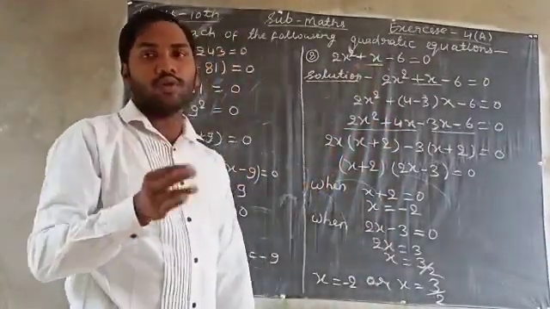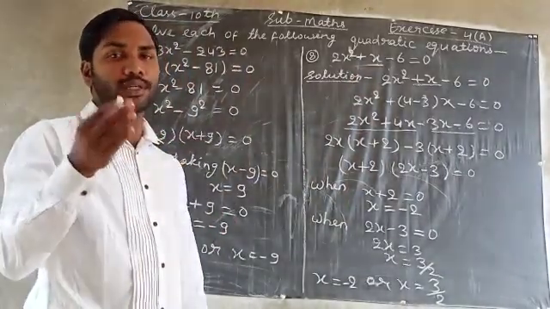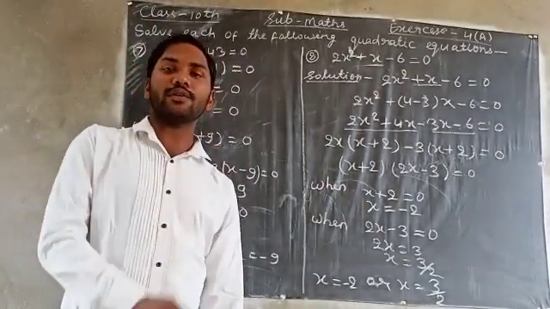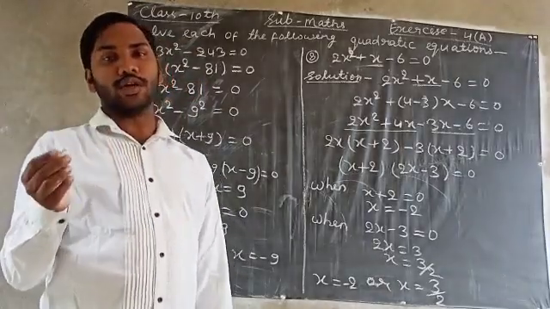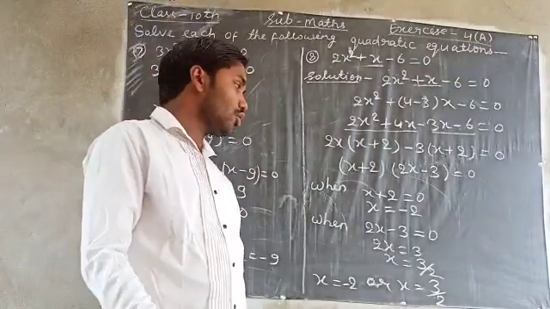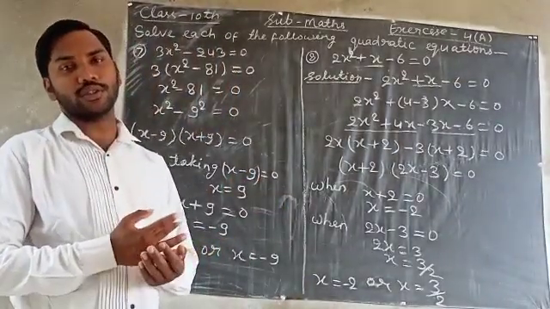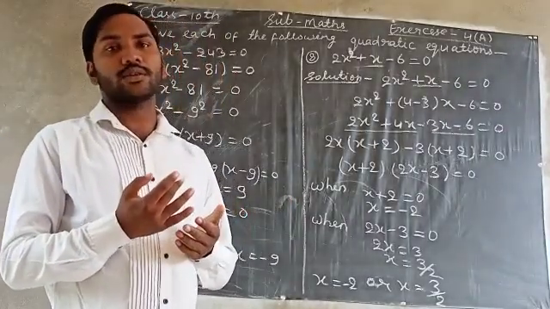As I have told you, the quadratic equation will be in the form of ax square plus bx plus c. So b should be split into two parts such that the sum should be b and the product should be equal to ac. By splitting, you can solve the equation and you will get the value of x.